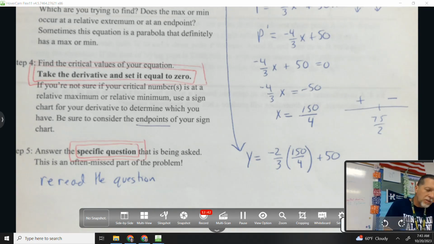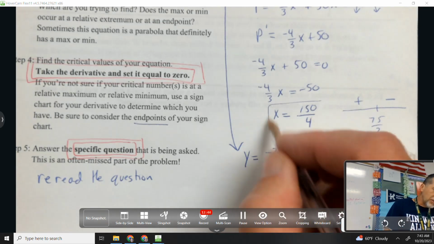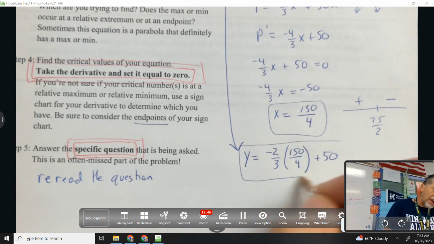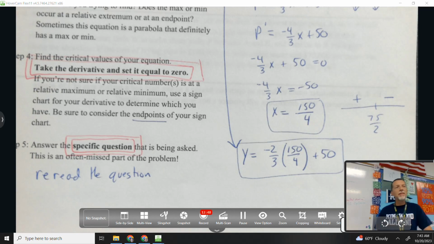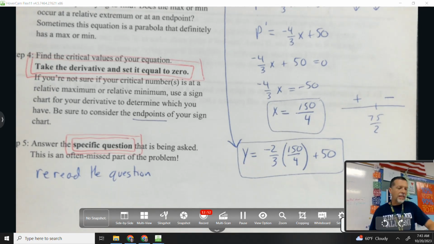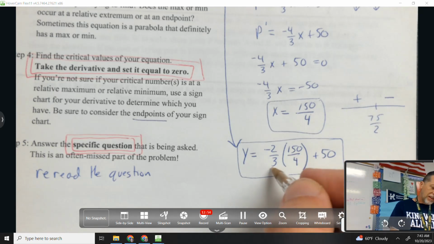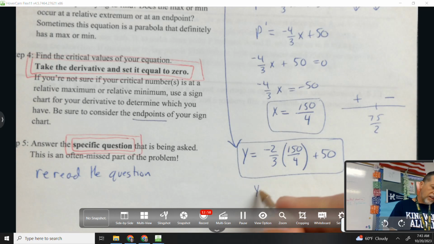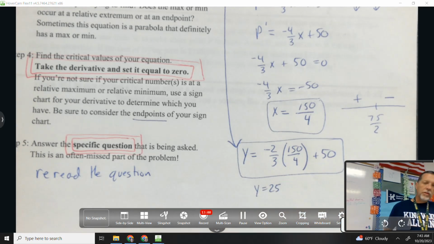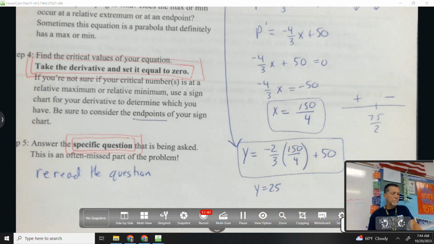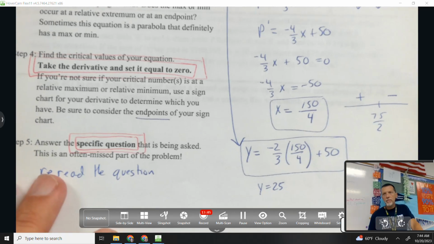But if you didn't want to, if you're feeling lazy, like it's Friday, I don't want to mess with things, I'm done. That's an okay answer. I think it reduces nicely because 50 over 2 is 25. So yeah, it reduces to 25. But you don't have to do that.